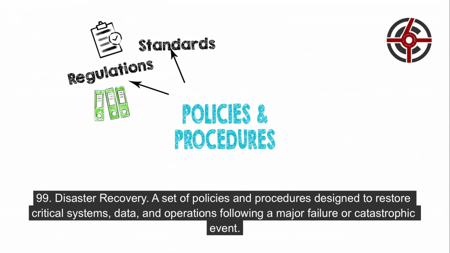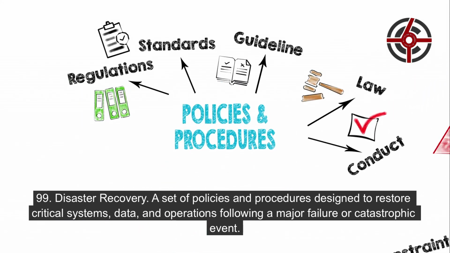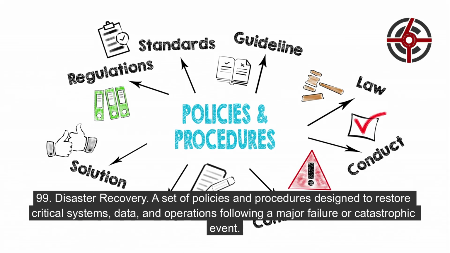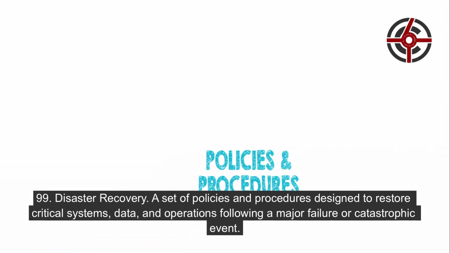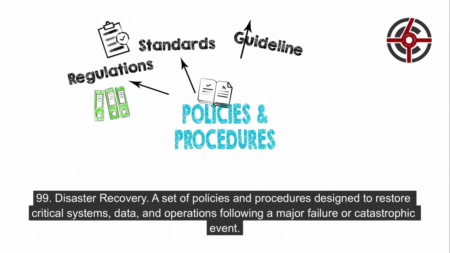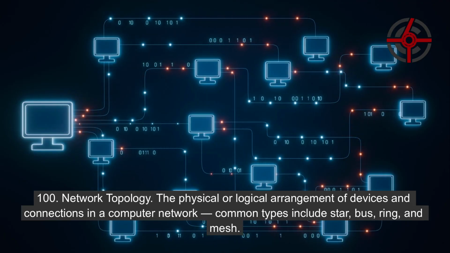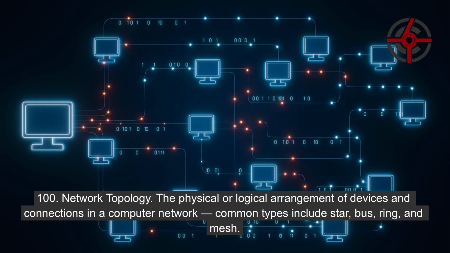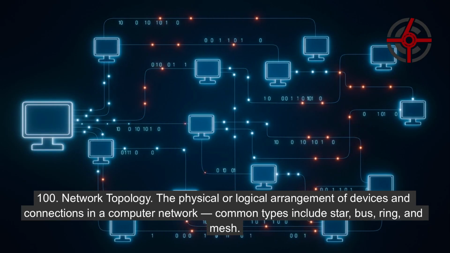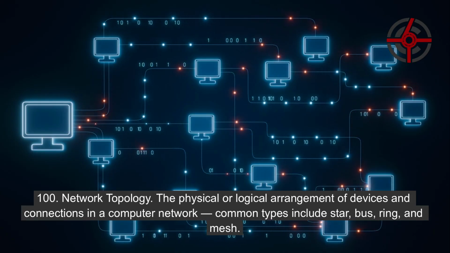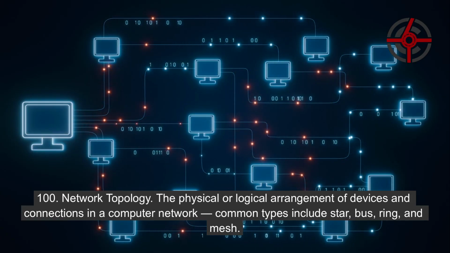Disaster Recovery. A set of policies and procedures designed to restore critical systems, data, and operations following a major failure or catastrophic event. 100. Network Topology. The physical or logical arrangement of devices and connections in a computer network. Common types include star, bus, ring, and mesh.